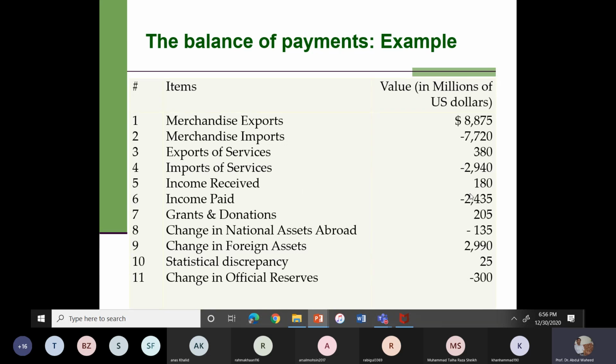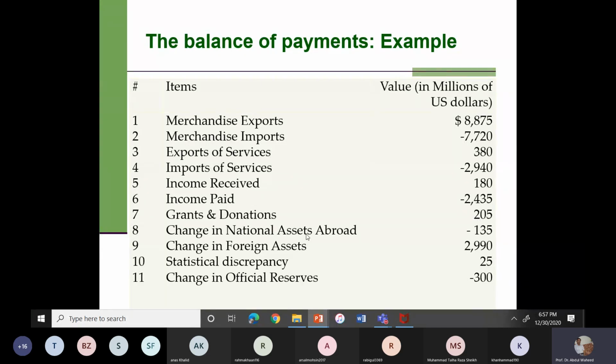Income received and income paid: income received is positive, and income paid, because this is a payment, will enter with a negative sign. And this is unilateral transfers, grants and donations. This is positive, so it means there is a receipt.